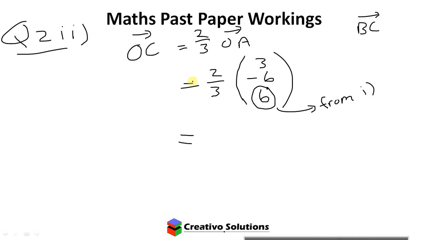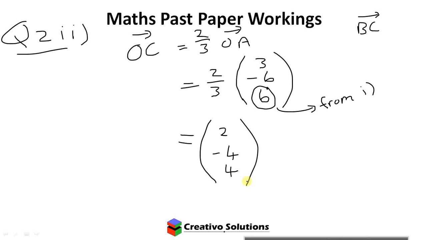So now we multiply it in. 2/3 times 3, the 3's cancel, left with 2. 2/3 times minus 6 is minus 12/3, which is minus 4. 2/3 times 6: 2 times 6 is 12, and 12/3 is 4. There's the vector, the same as what they've got. There's the answer for OC.